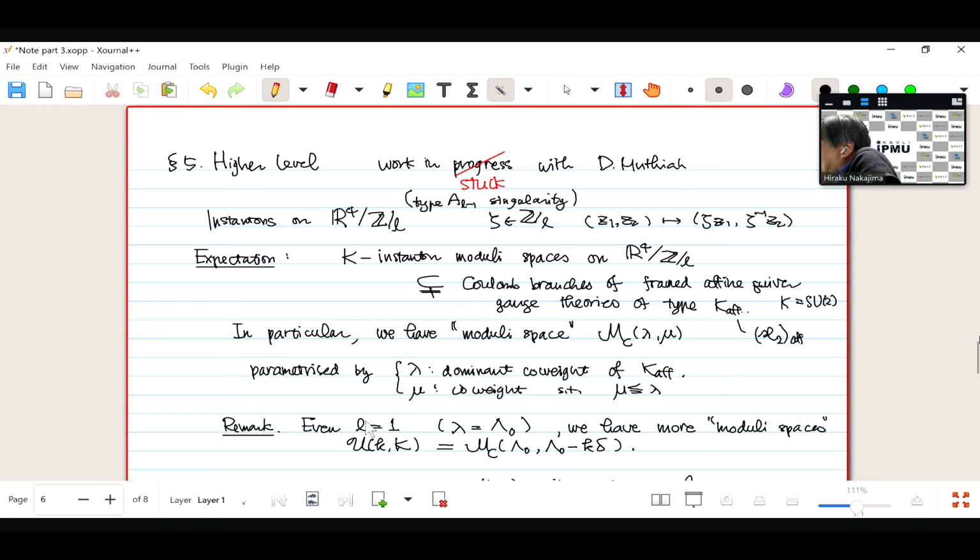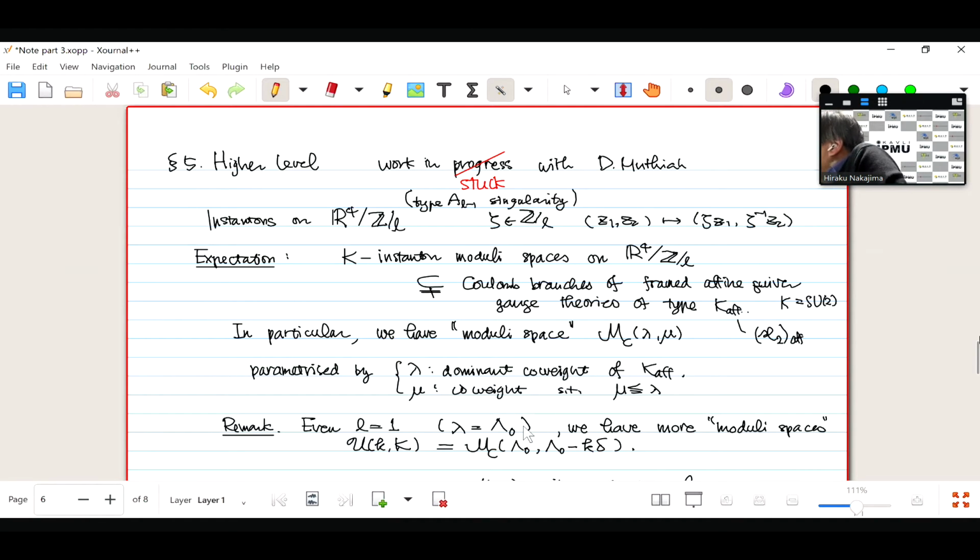So if level equals 1, I take lambda to be the zeroth fundamental weight, where I use the notation for weight instead of coweight. But somehow I implicitly take the Langlands dual Lie algebra and consider weight, because, as I will explain soon, this is related to the representation theory of the Langlands dual.